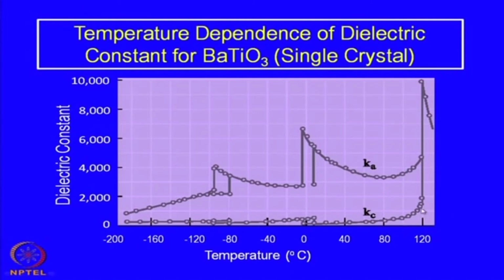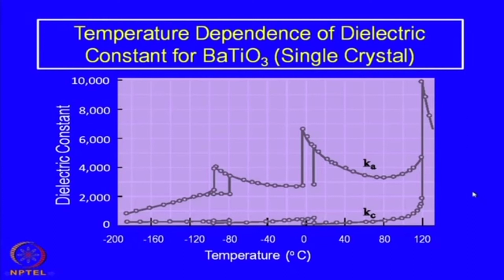Below 120 these are all ferroelectric forms, and wherever there is a phase transformation, from tetragonal to orthorhombic and then orthorhombic to rhombohedral, although these are not Curie temperatures, the dielectric constant also goes through a peak, and that is associated with the crystallographic change, not the Curie temperature.